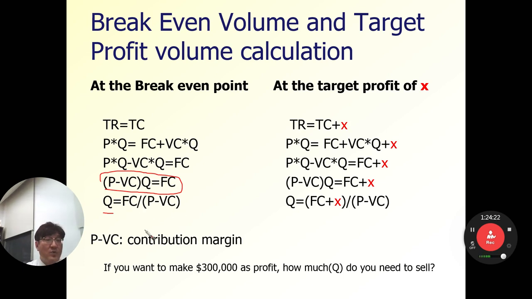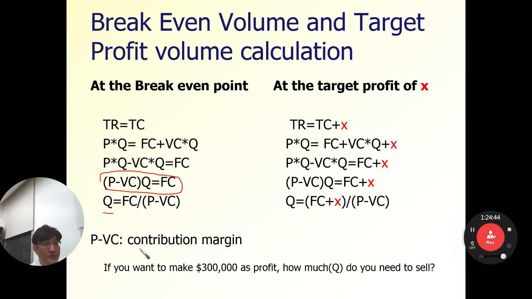By the way, what we call this, the price minus variable cost, is the so-called contribution margin. In Korean, we call it 공헌이익. This is so important because the contribution margin is also very important in finance, right? Because the contribution margin decides the amount of cash flow.